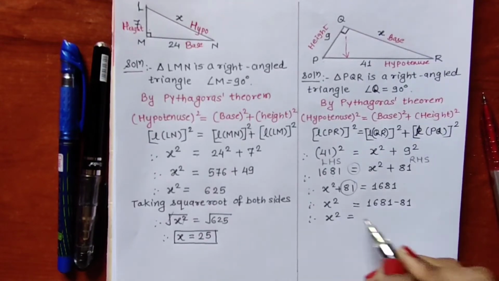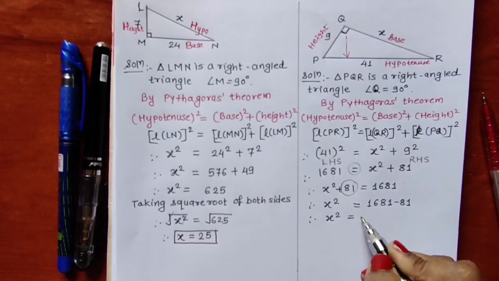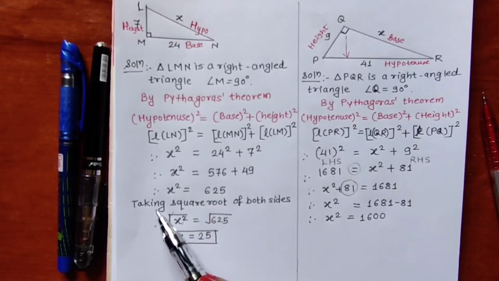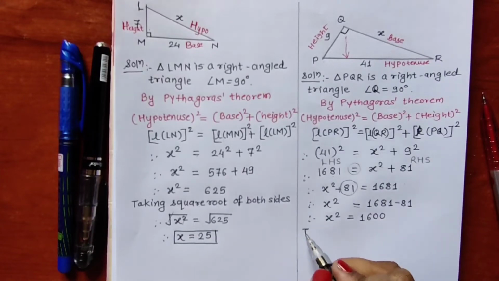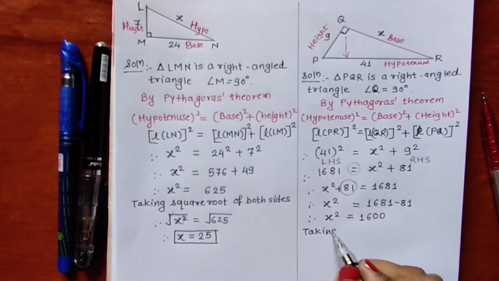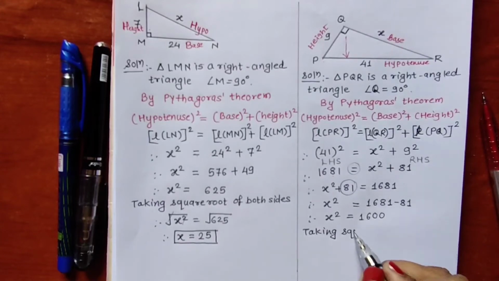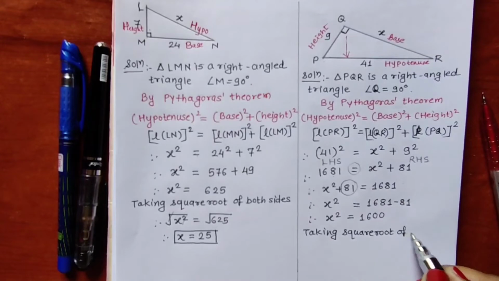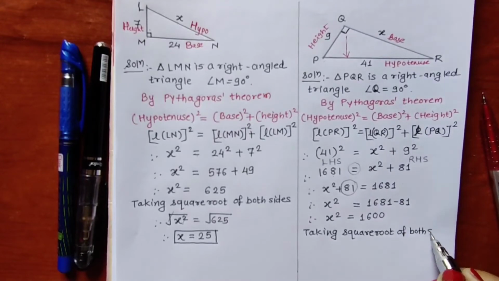x square is equal to 1681 minus 81 will be 1600. So now we are getting the value of x square. We require the value of only x, so what should be done, taking square root of both sides. So I will be writing here taking square root of both sides.